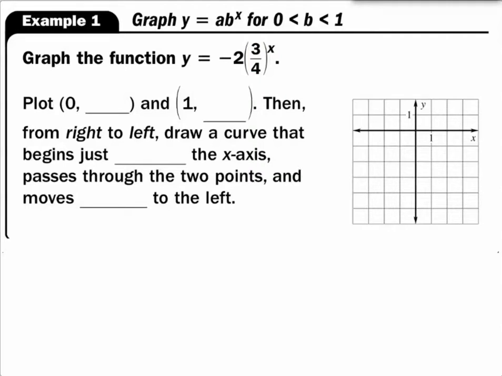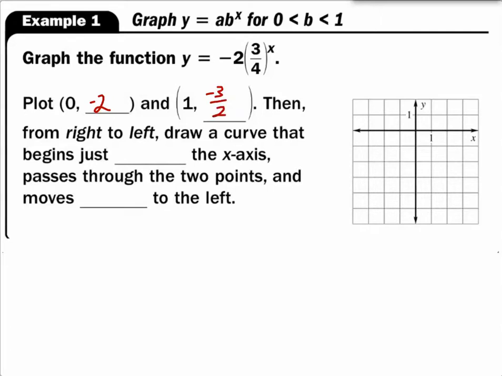All right, plot (0, ...). For a general exponential function, it would be (0, 1), but in this case, we do (3/4) to the 0, which is 1, but then it's multiplied by -2. So it's (0, -2). And for 1, (3/4) to the 1 is 3/4 times -2, which is -6/4, or -3/2.